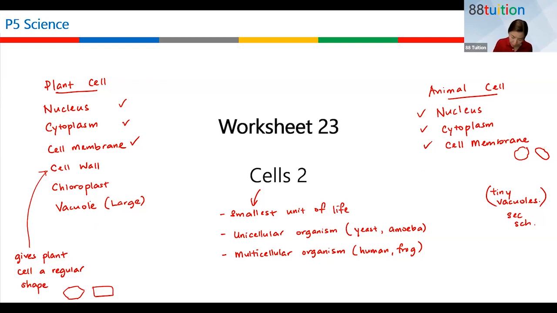It changes. So let's talk about the chloroplast. What is so important about the chloroplast? What is the thing that chloroplast will do, but animal cell does not have this function? Okay, let's see. Tell me something about the chloroplast.